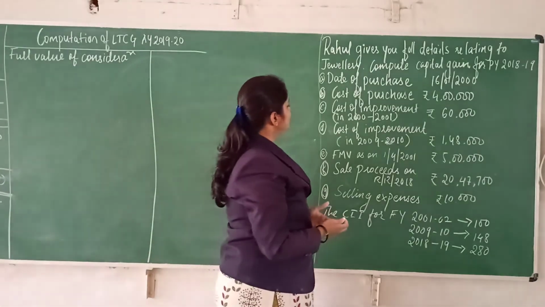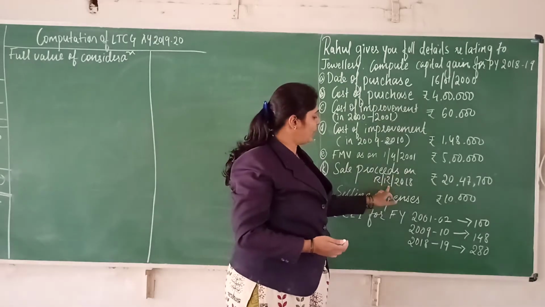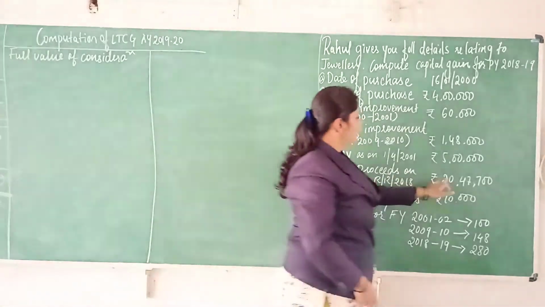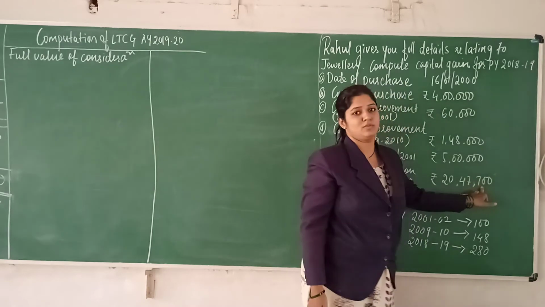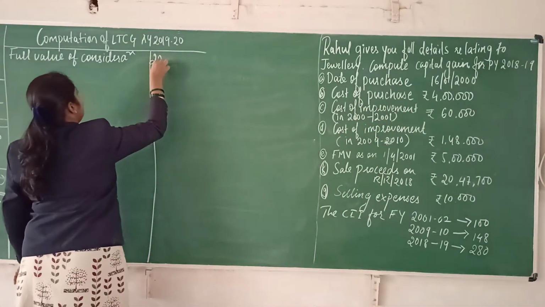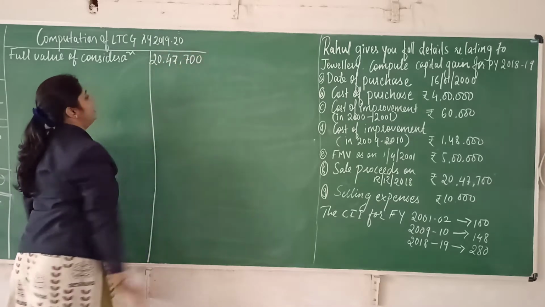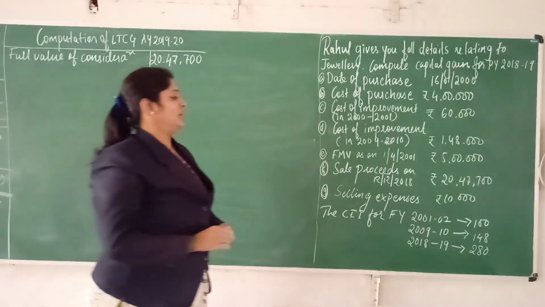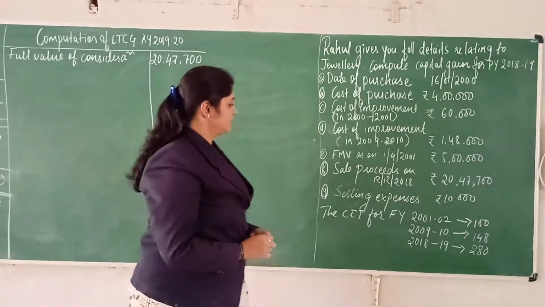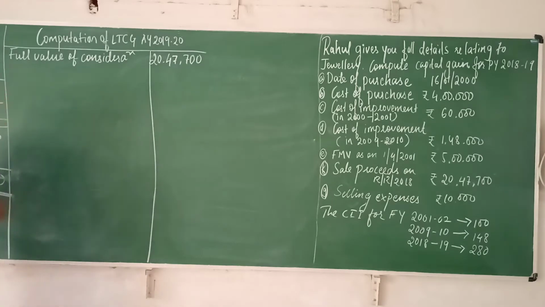At what amount is this capital asset sold? That is, sale proceeds on 12/12/2018 is 20,47,700. So full value of consideration is 20,47,700.